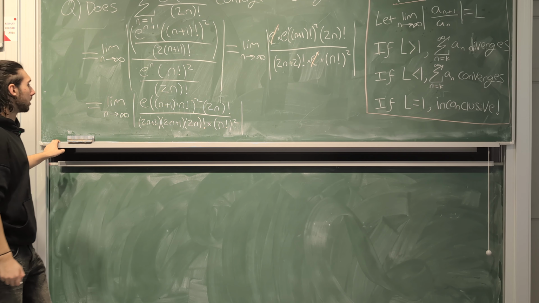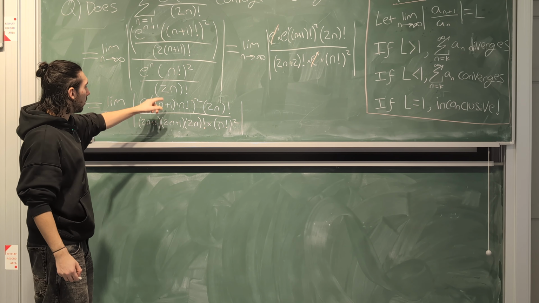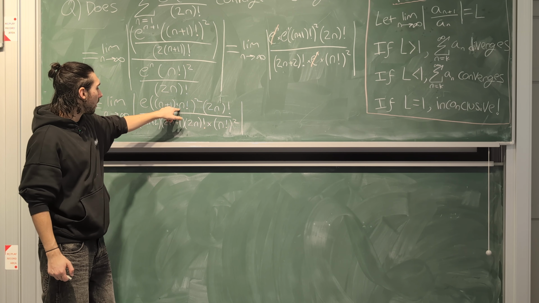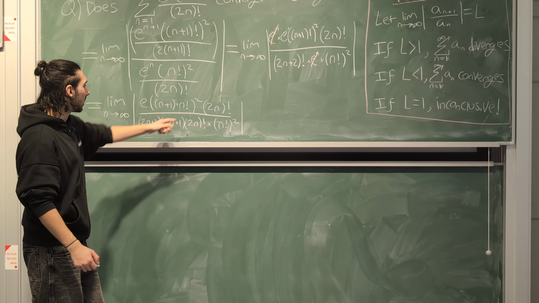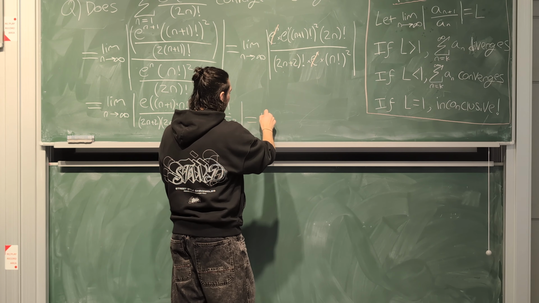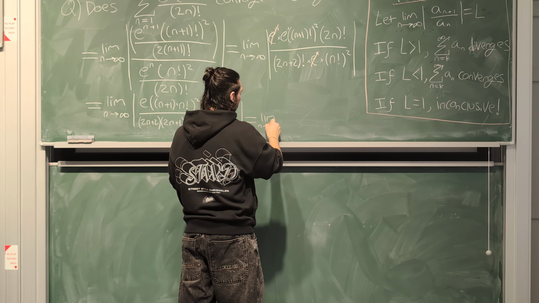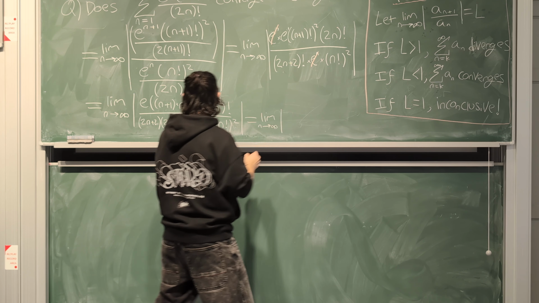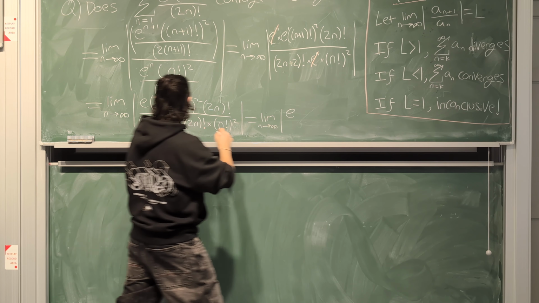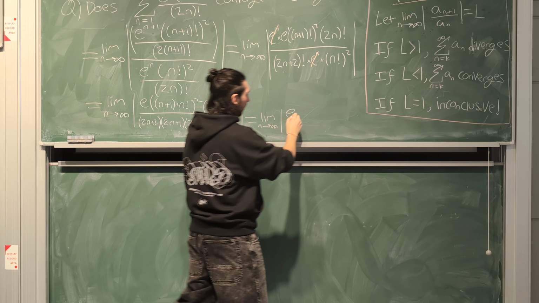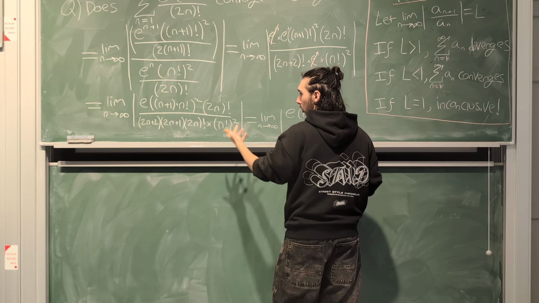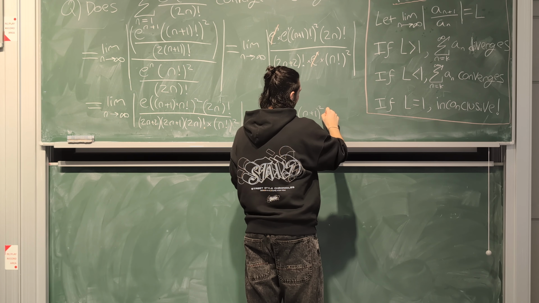All right, now what I'm going to do is expand out this squared bracket on the top. I've got n plus 1 times n factorial. I want to square that. I want to distribute the squared to both terms. So I'm going to write this as the limit, as n approaches infinity, of, well, I'm going to put the e there first, n plus 1 squared times n factorial squared.